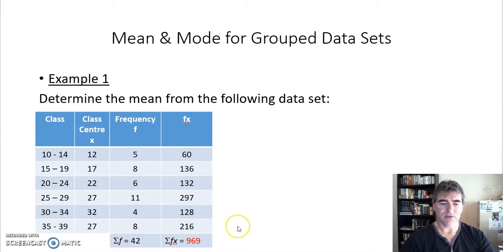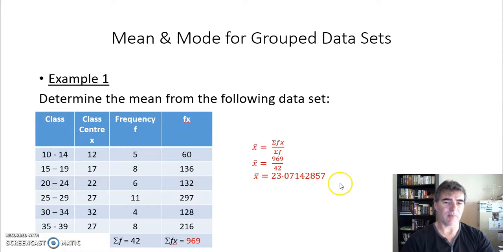So our mean is the sum of the fx column divided by the sum of the frequency column. So the approximate total divided by the number of scores, and we find that the mean is approximately 23.07.